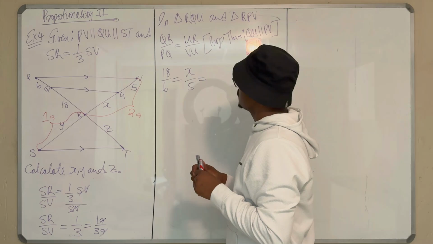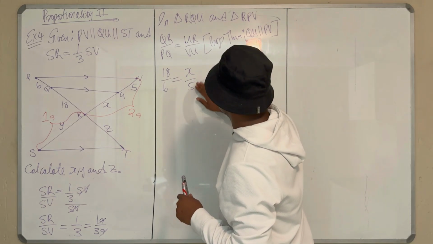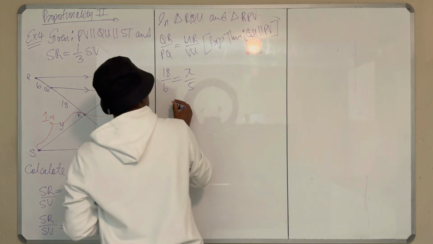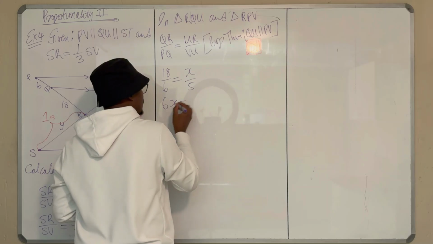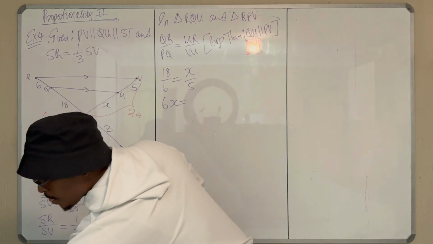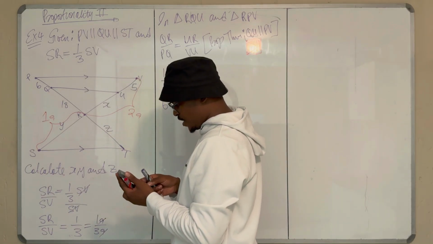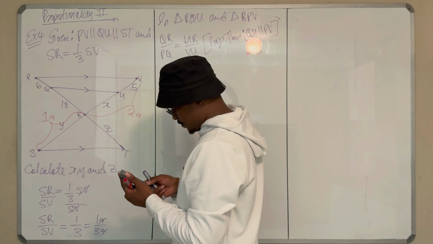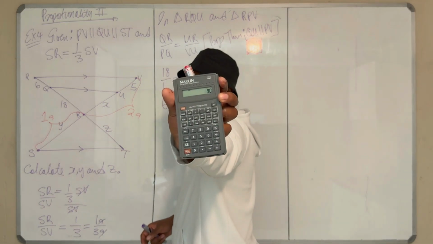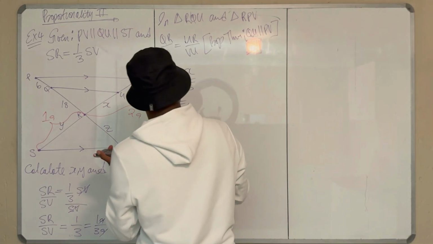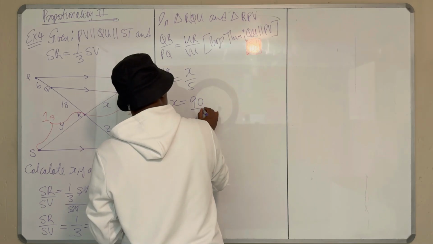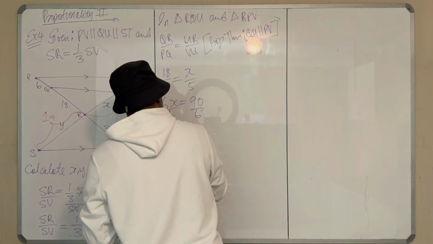So cross multiply. 6x is equal to 18 times 5. What is 18 times 5? My calculator says it's 90. Divided by 6 on both sides, what is your x value?